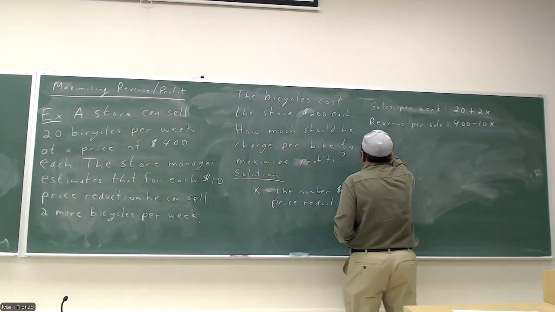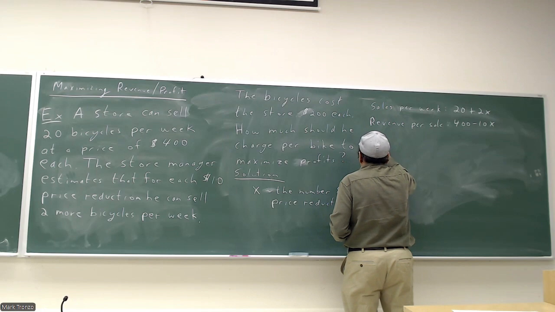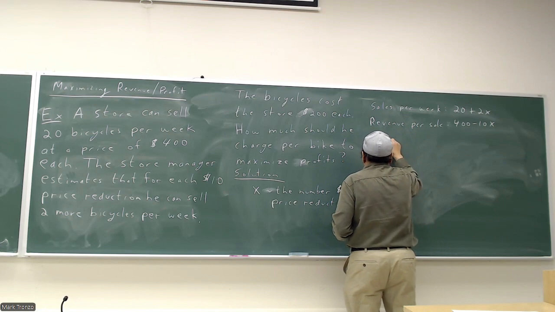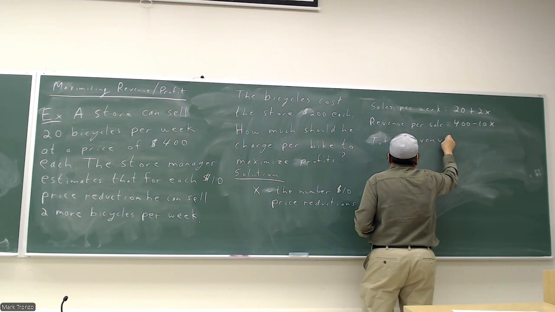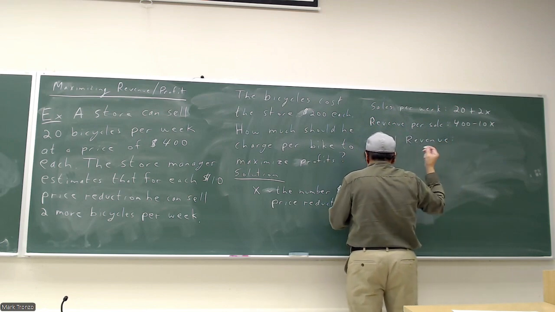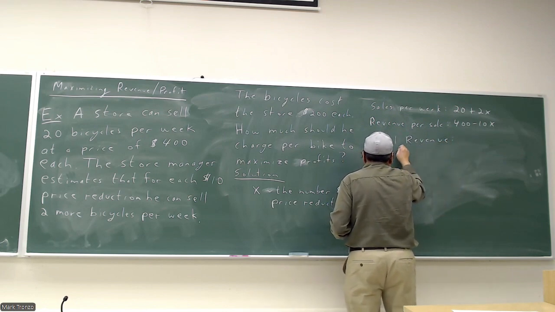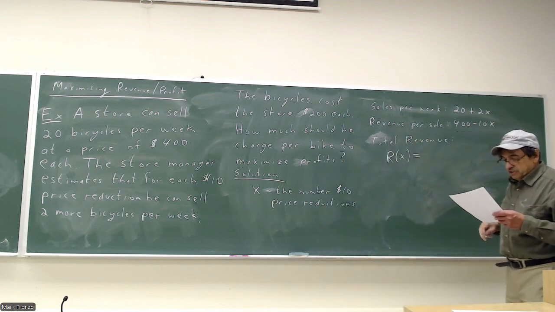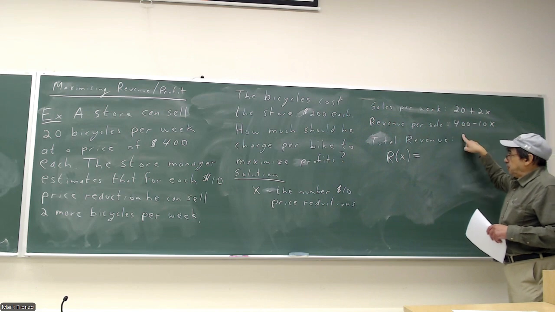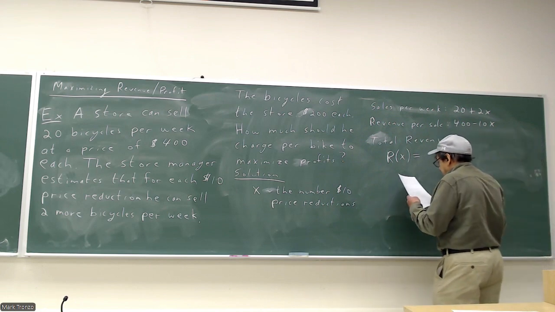So the total revenue, and let me maybe just call this R, is going to be, of course, the number of bikes he sells per week times the amount he takes in per bike.